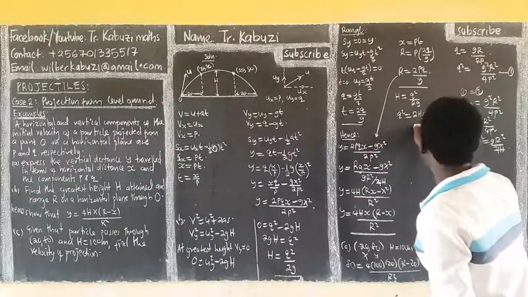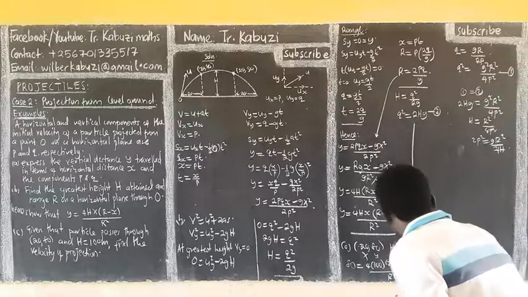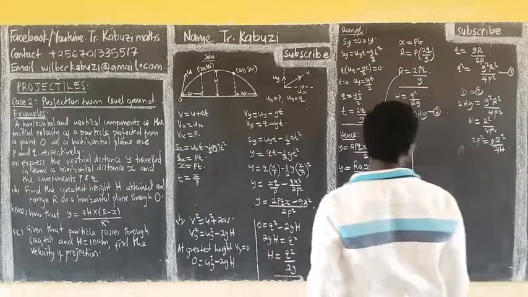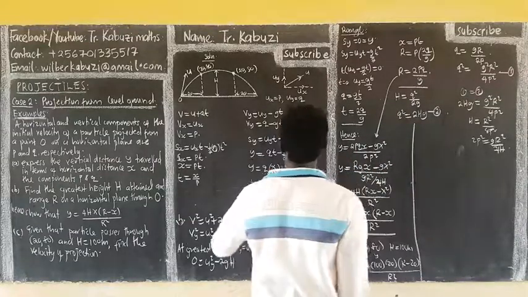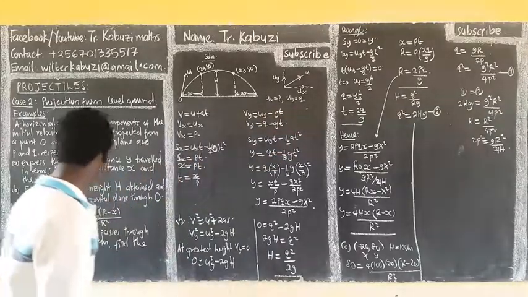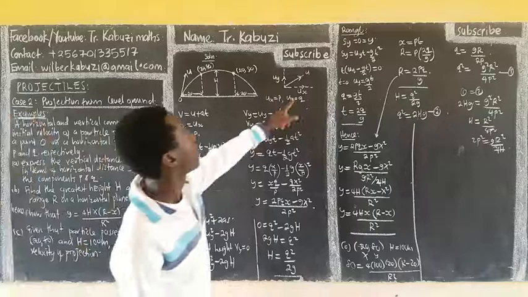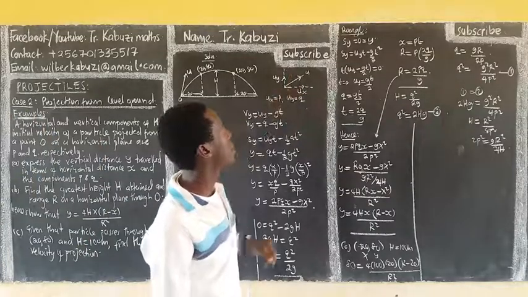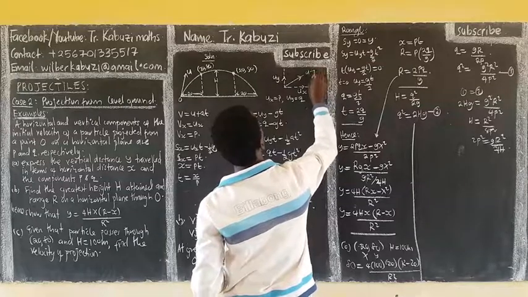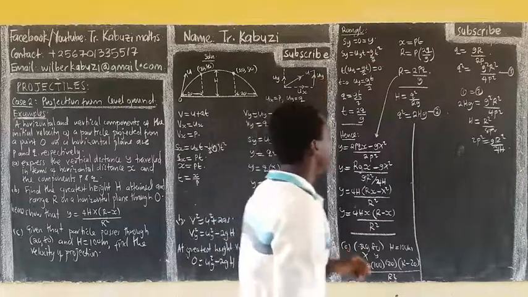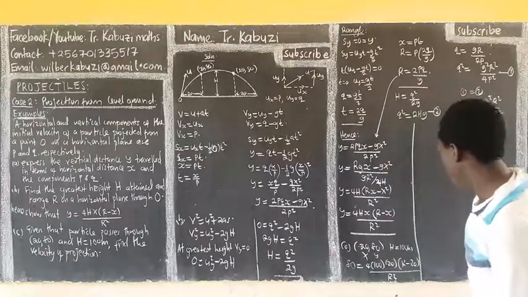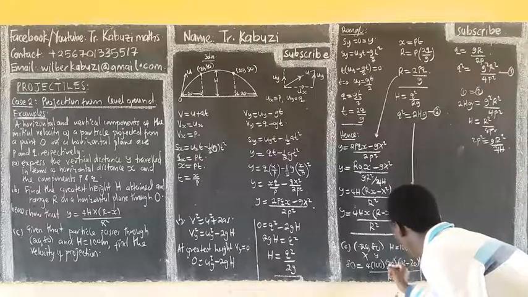Now from here, allow me to use this space. From there, if I cross multiply, what I want is to get P and Q, because they're asking us to find the velocity of projection. So they want us to get u, and u is going to be the resultant, which you can easily make as our resultant here. Now when I cross multiply, I can divide it through by this 20 and this 4.